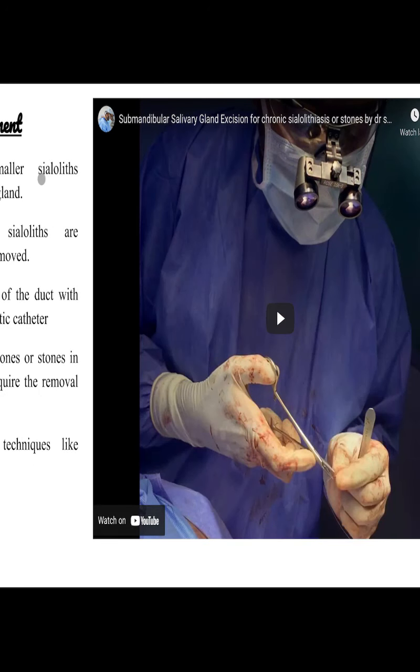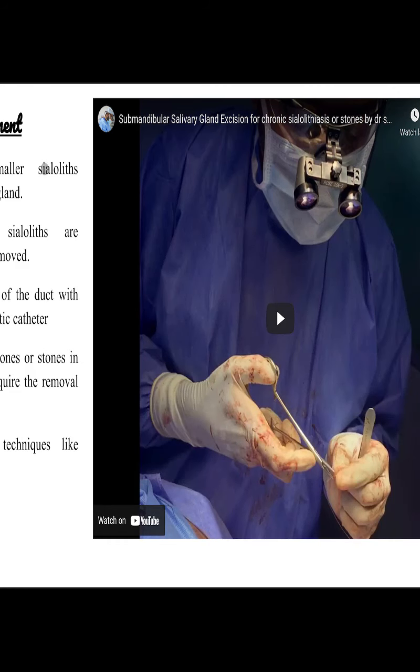Now the management. For smaller stones, we can easily milk the gland to remove them by opening the duct and manipulating it by hand. Whereas the large stones should be removed surgically.